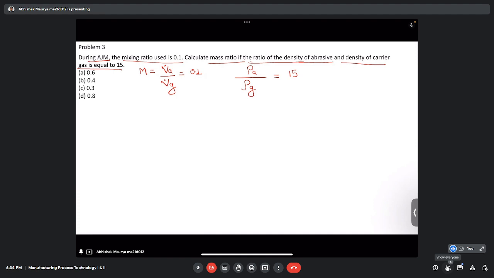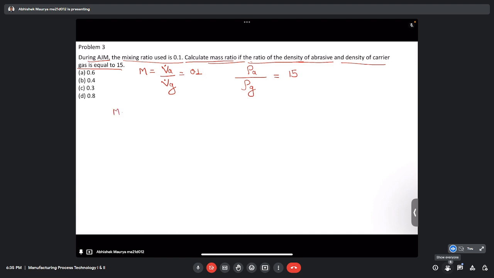And what has been asked? It has been asked to calculate the mass ratio. Similar to the mixing ratio, there is another ratio which is defined, and that is called the mass ratio.